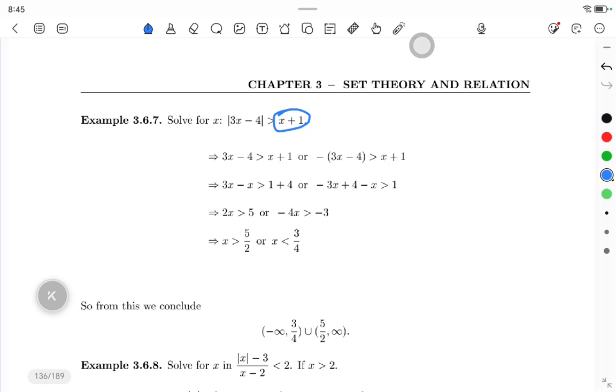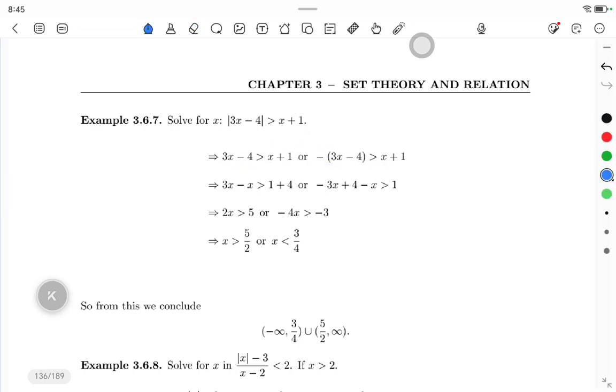Even if we take it to the other side, it can help us because all of this is inside the absolute value. So we have to apply this method of taking two parts. Then we decide: do we put or, or do we put and in between? Since we see the sign here, I'm going to tell you this.